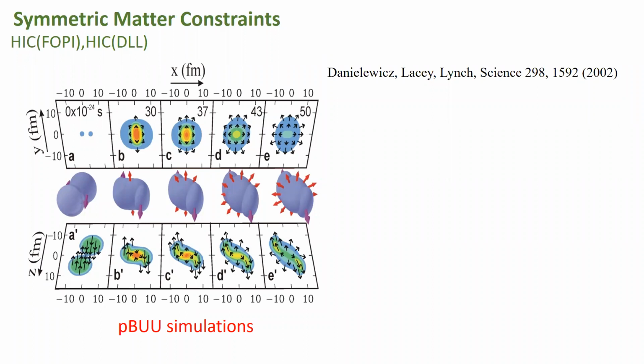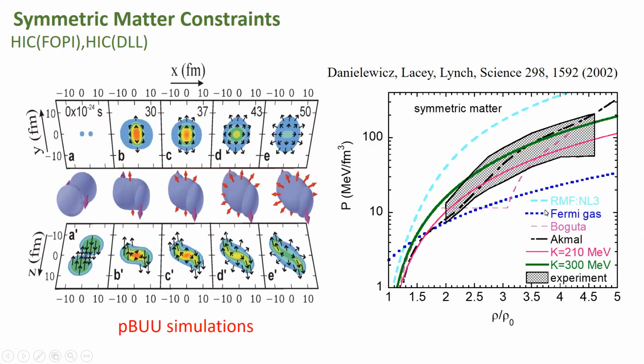I think every one of you has already heard in the last 2 days about measuring v1 and v2. By measuring v1 and v2 and using transport simulation, they can extract the pressure and the density. I think one axis is density, one is pressure. And then they extract the symmetric matter pressure versus density constraint. That's this one in here. Okay, so we'll come back to this.